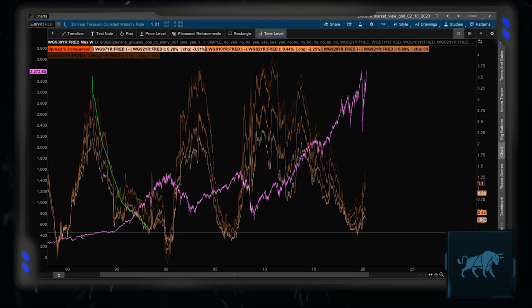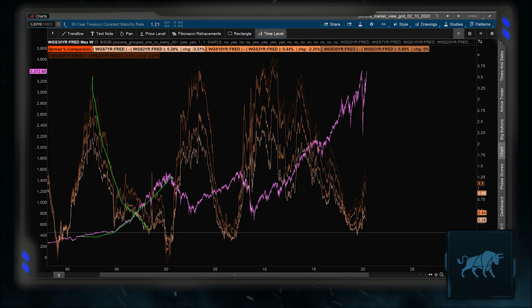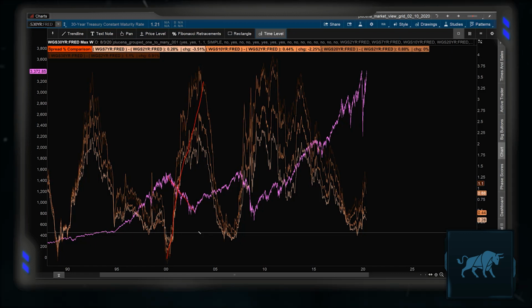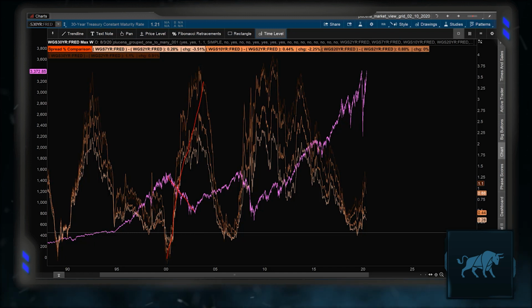The market, on the other hand, does not like it when these yield spreads increase. Notice what happens to the market. It falls. So there's a clear delineation that we can see here. Mind you, this is a weekly chart, and I am looking at the max amount of data, so it's not going to be perfectly aligned.